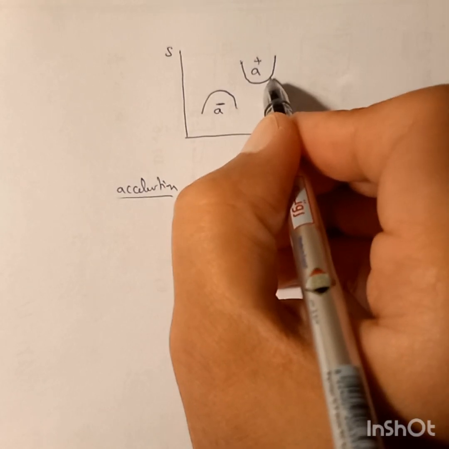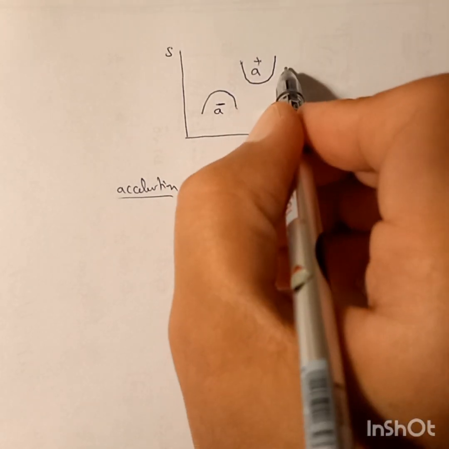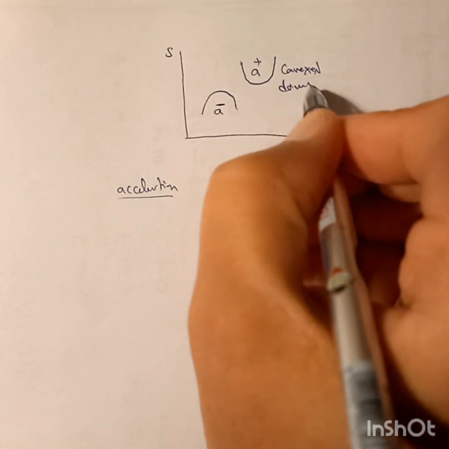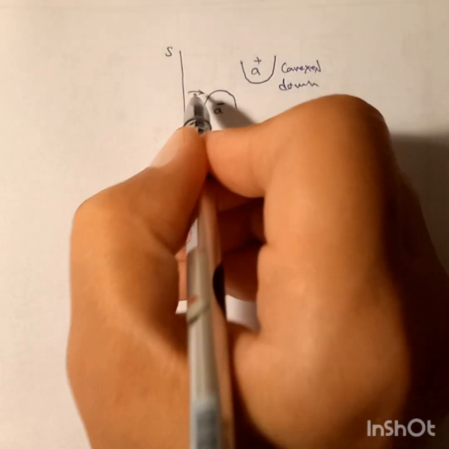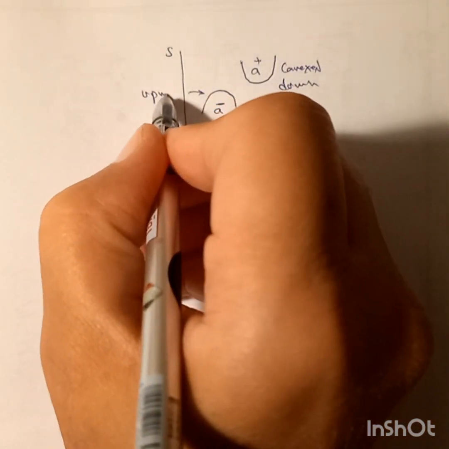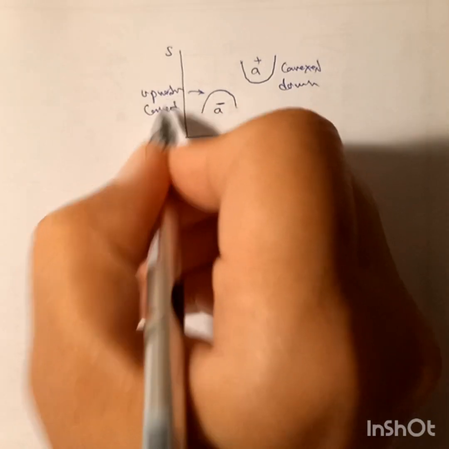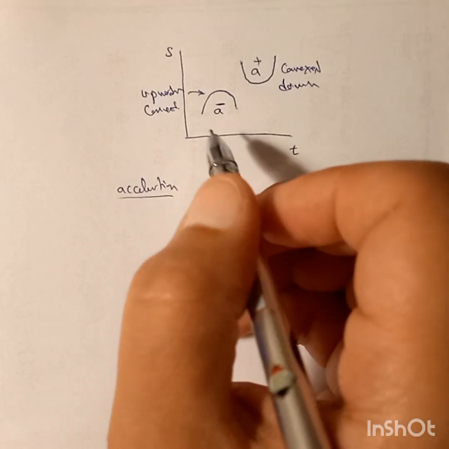This curve is called convex downward; in this case acceleration is positive. And here it is convex upward, then the acceleration in this case is negative.